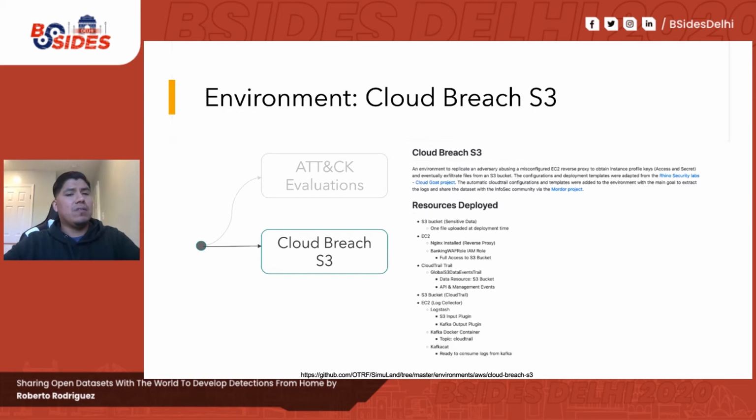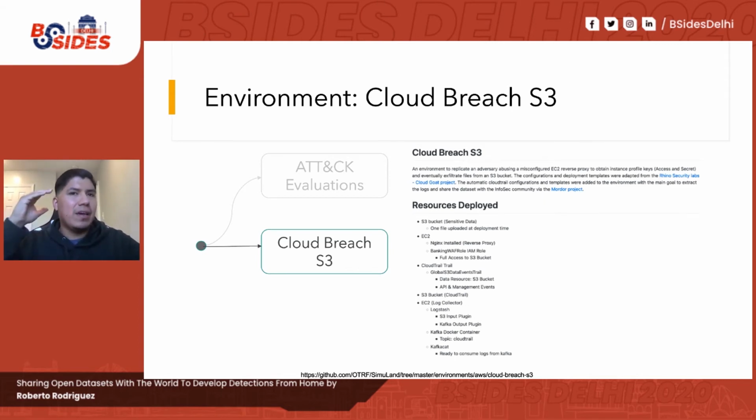So this is just a basic scenario which would allow me to cover potential techniques where S3 buckets are involved. The difference with this environment and other cloud environments is that the environments that I create do have a data pipeline attached to it, which means that I'm not just attacking the environment. Usually when you see an environment out there being released by somebody to use for practicing a couple of adversary techniques, it's only to attack the environment.